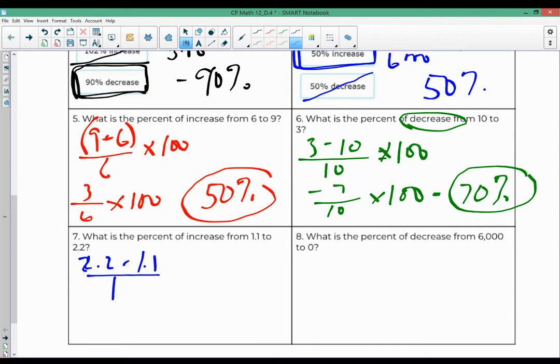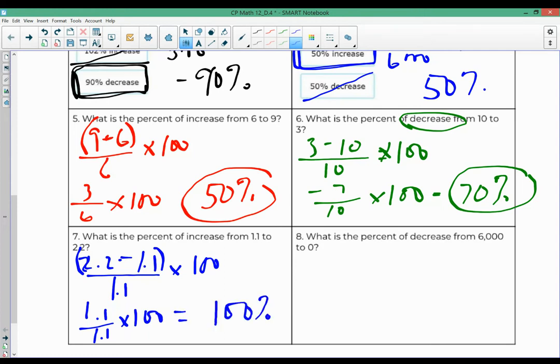Make that a minus sign. That's honestly as good as we're going to get. 1.1 divided by 1.1 times 100. And that'll give us 100%. So it looks like when something doubles, that's the same as a 100% increase.